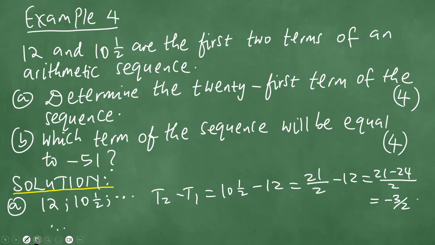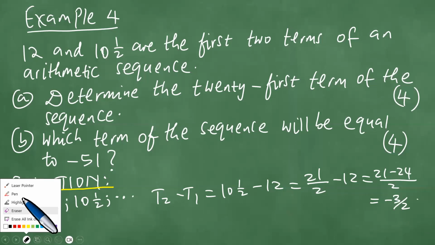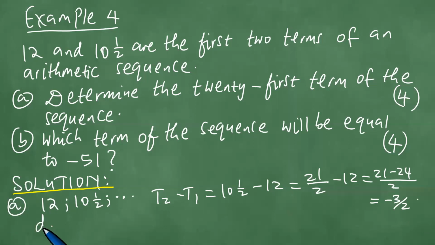Yes, good. So what it means is that the common difference we got here is actually -3 over 2.